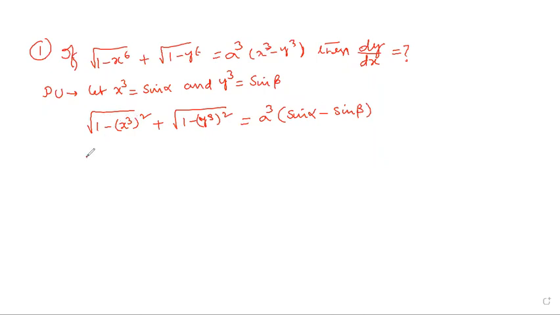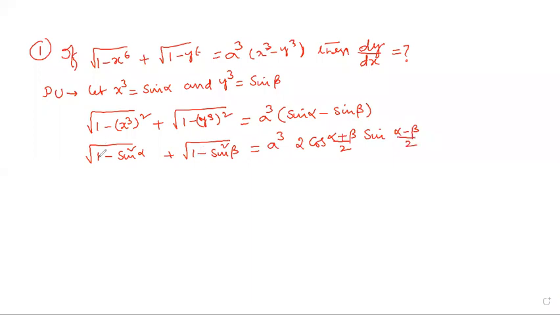In place of x cube, write down root over 1 minus sine square alpha, and y cube is sine beta, so root over 1 minus sine square beta is equal to a cube. Sin c minus sin d is 2 cos of c plus d by 2 sin of c minus d by 2.